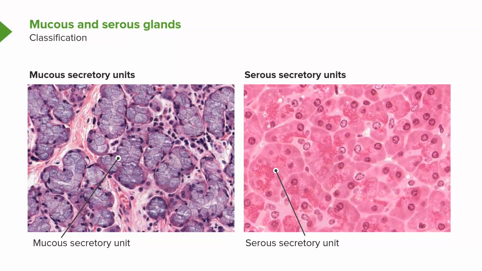Mucus-secreting cells or mucus-secreting units, we call them acini as well, which I'll explain later on, they secrete proteins that are glycosylated with anionic oligosaccharides. And because of that, these proteins, these secretory products, are water-soluble. So depending on the fixative you use, often these secretory products are lost from the cell.